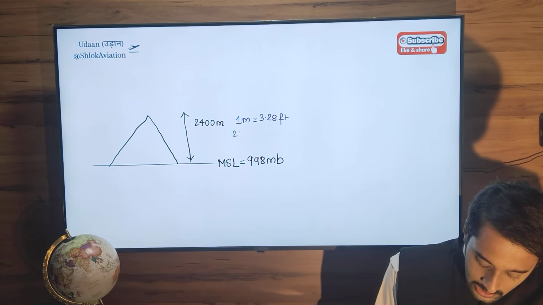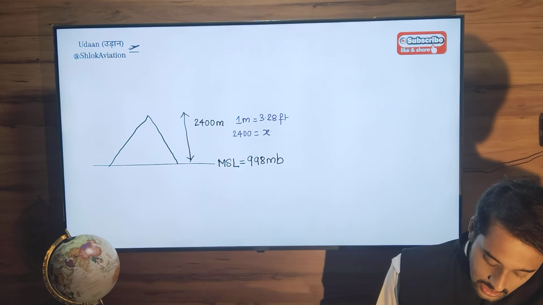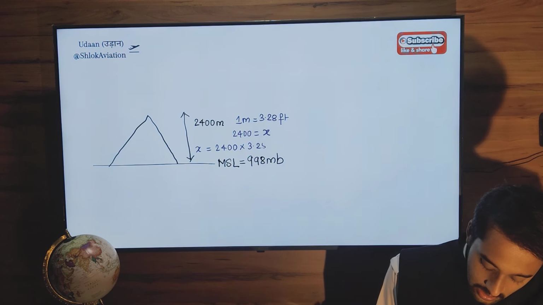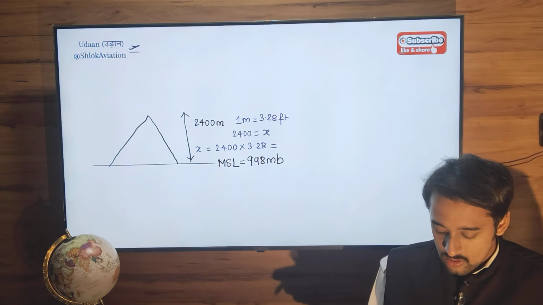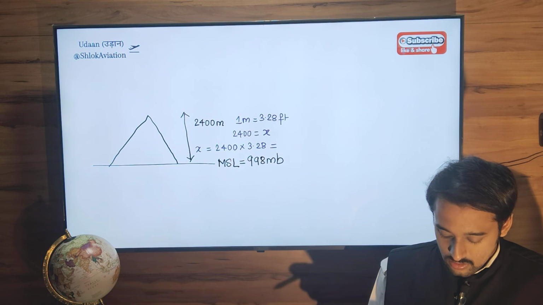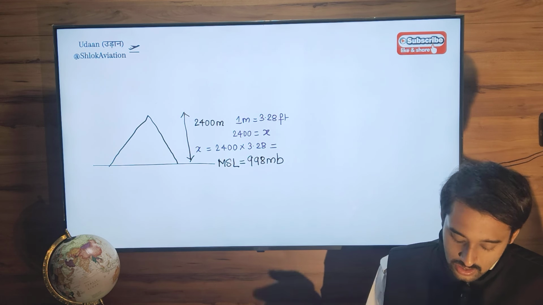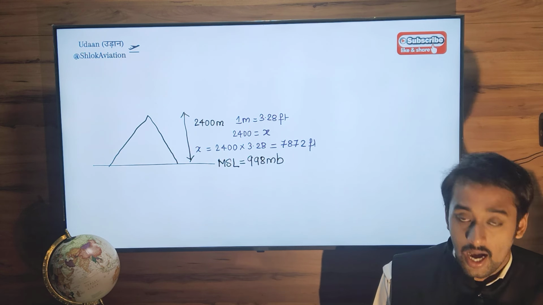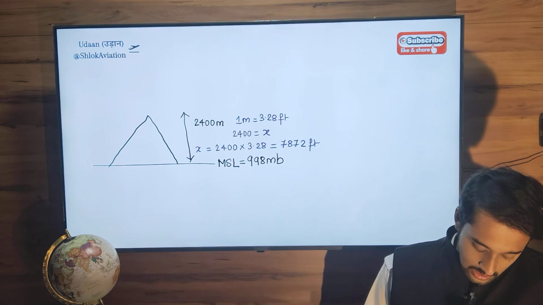So 2400 meters will be equal to 2400 into 3.28, which is equal to 7872 feet. Very high mountain above mean sea level.